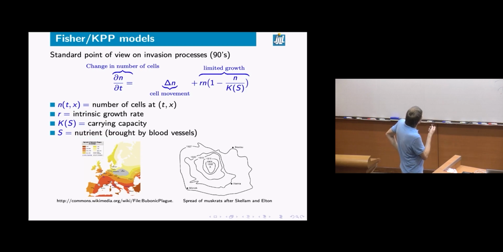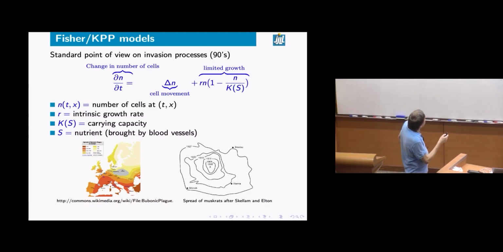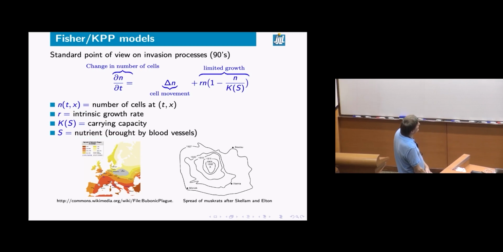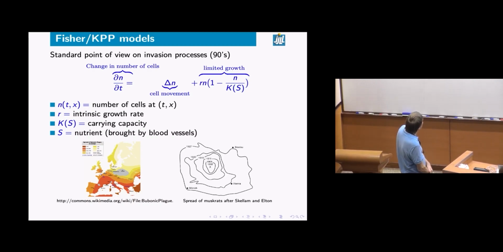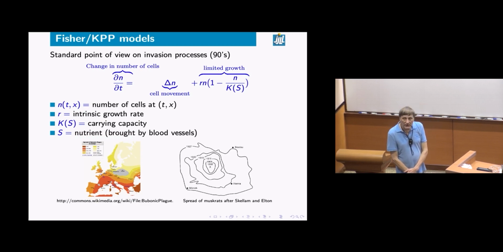So we still are speaking about number of cells at a position, at a time t, but now at a position x. We have still the interesting growth rate, so the division rate, which will give the exponential growth if cells are very, very few. If n is close to 0, you can neglect this term. And this phenomenon, of course, is very well known.